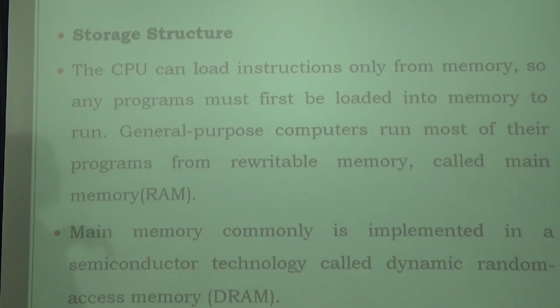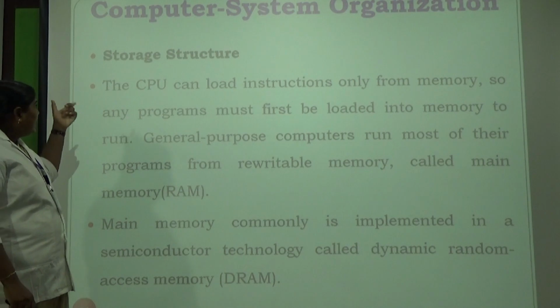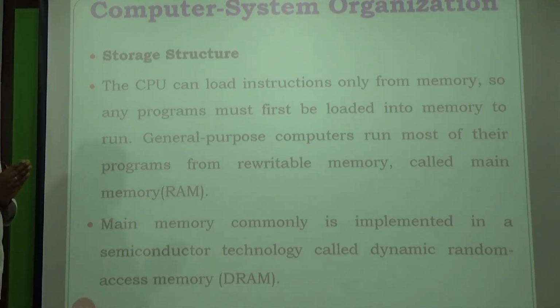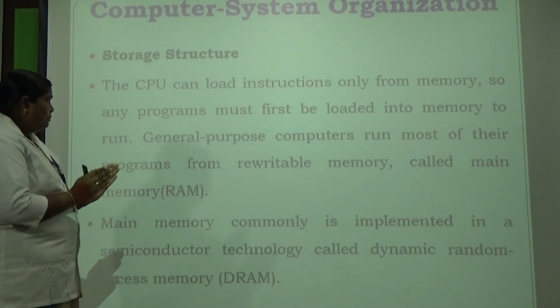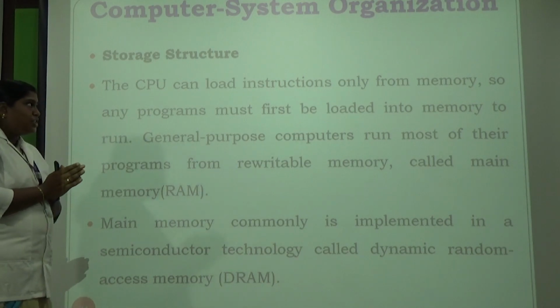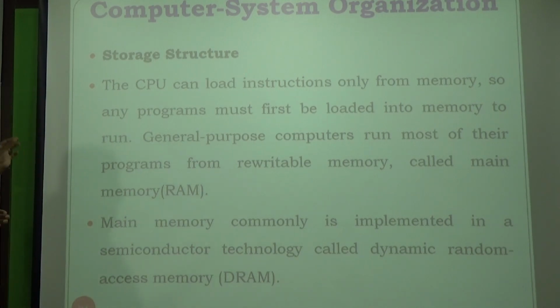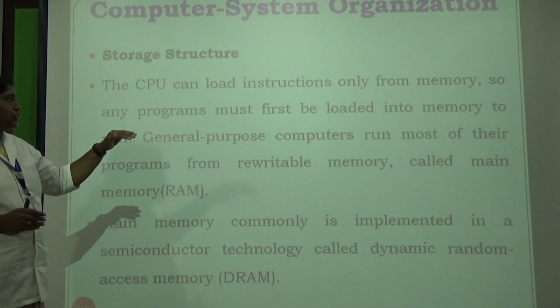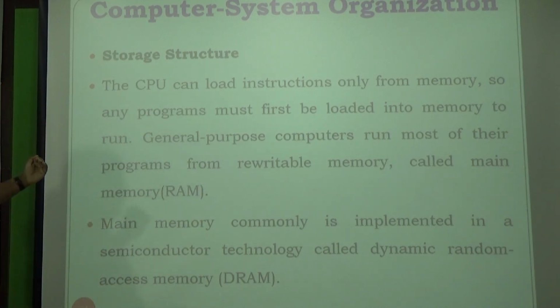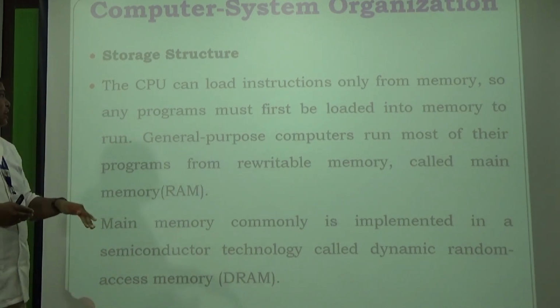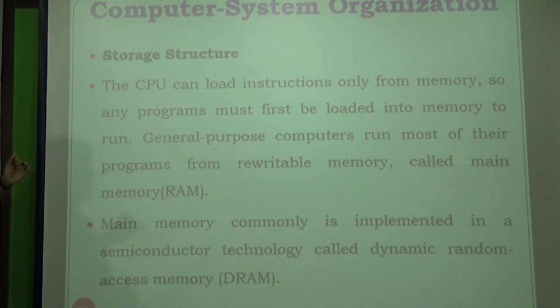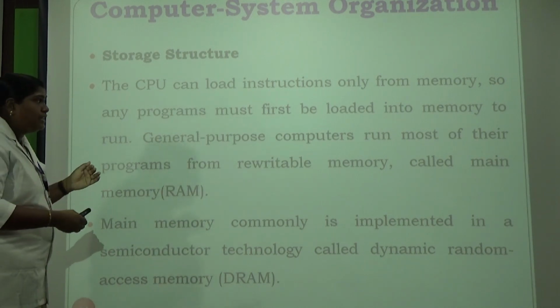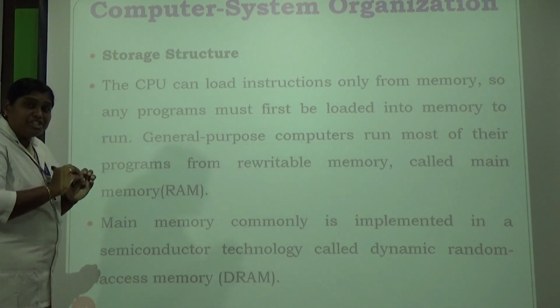Next is storage structure. In a storage structure, if you are giving an input, which we consider an instruction, first the CPU will load the instruction into memory, then it will start to execute or rewrite the instruction in the main memory.